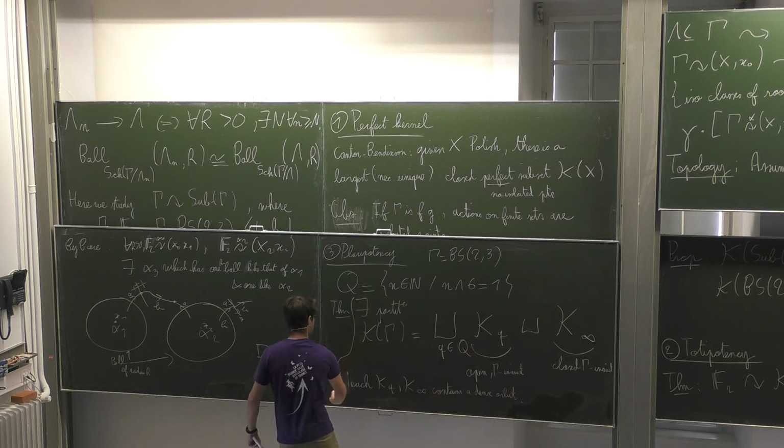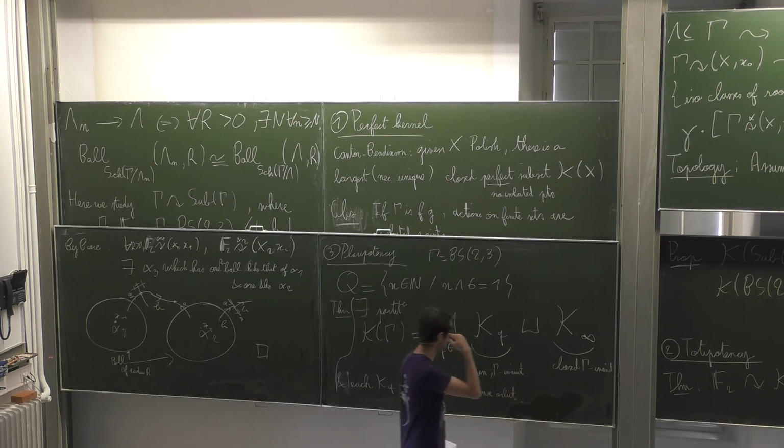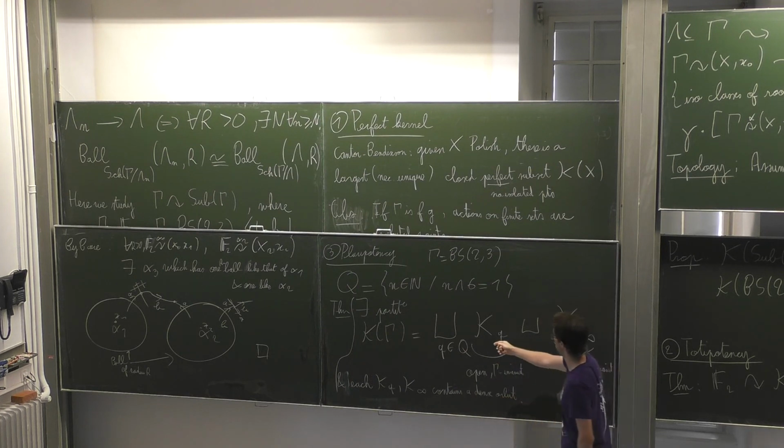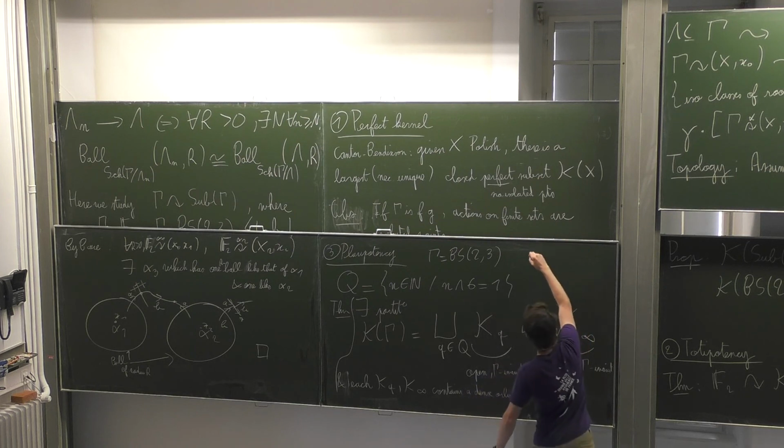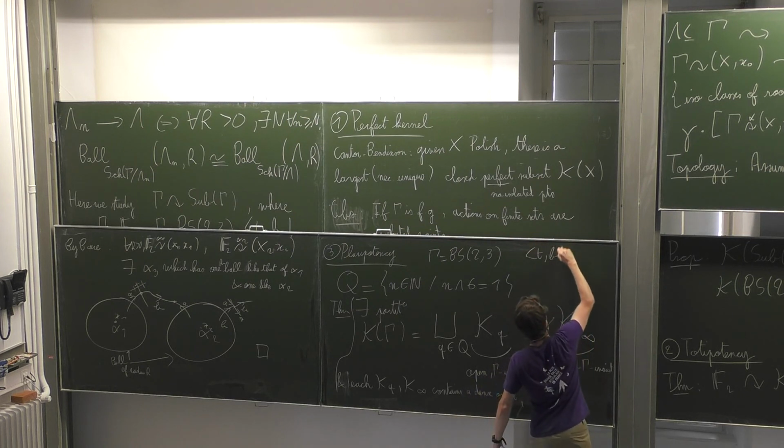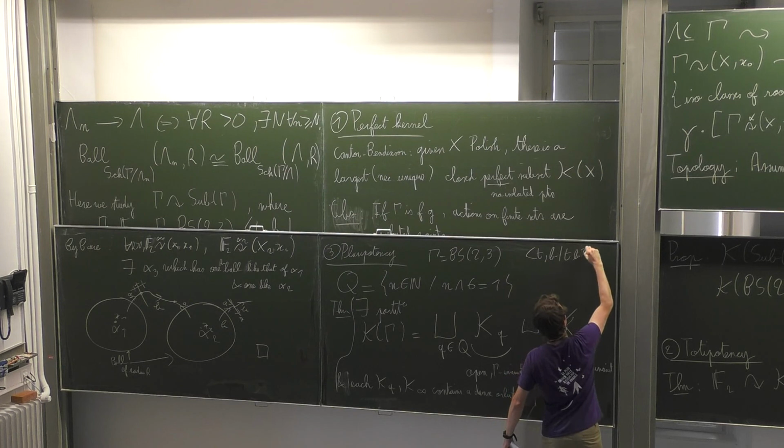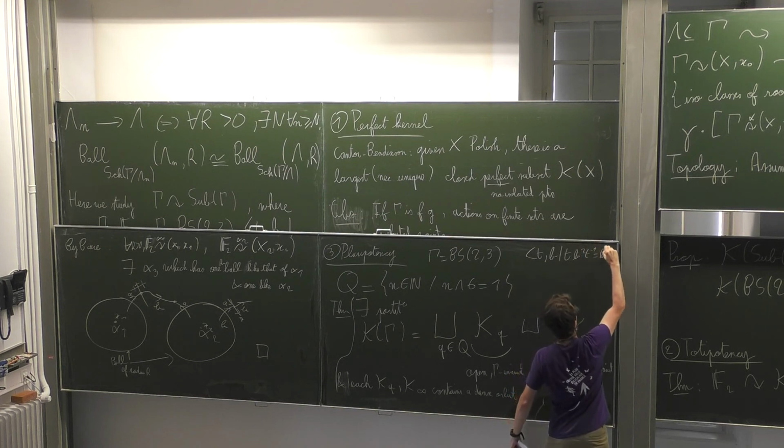Let me just finish by telling you what this K_q is a bit more precisely. Let me remind you of the defining relation: t b^2 t^{-1} equals b^3.